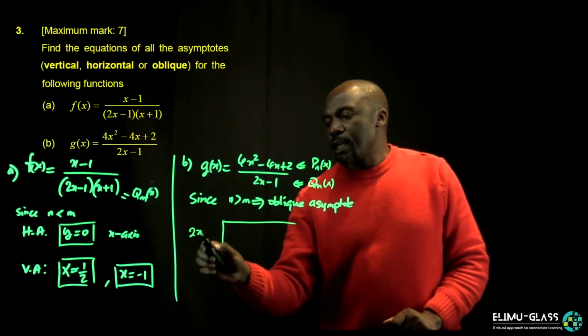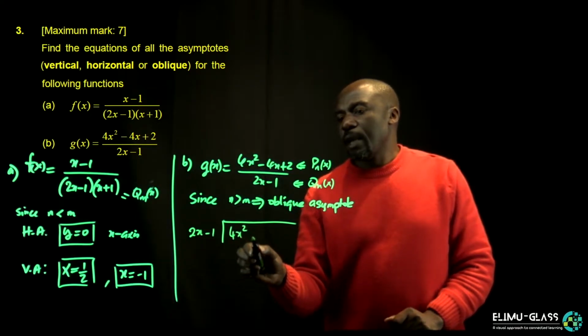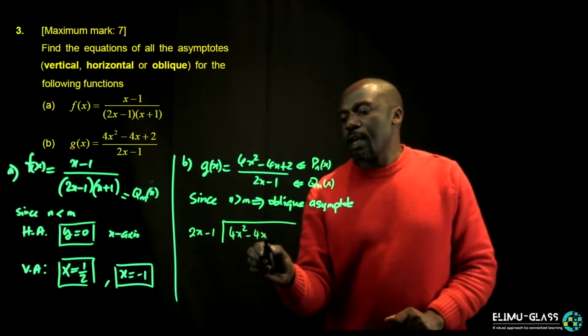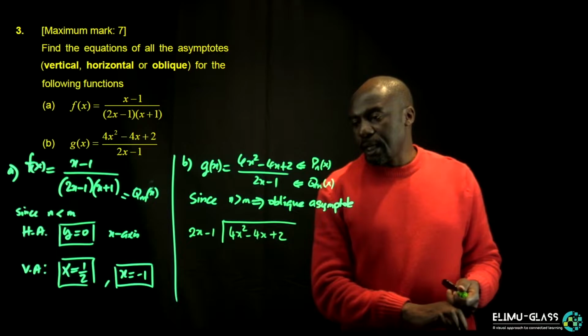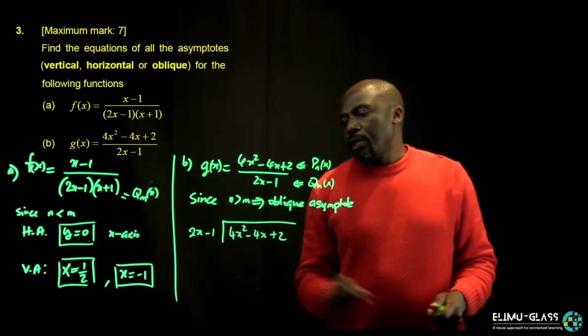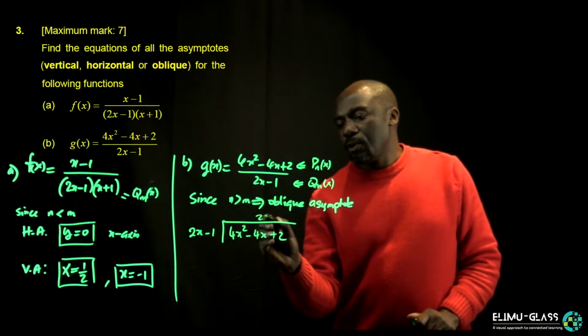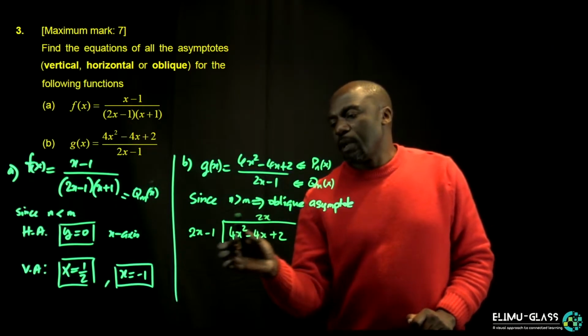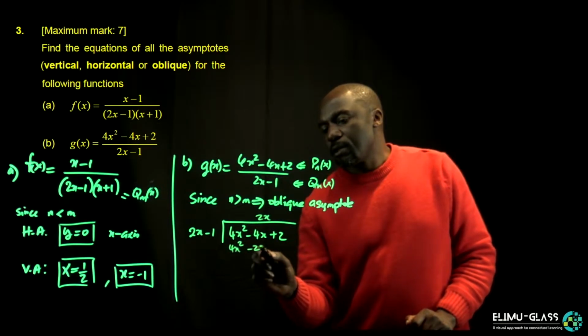So we have 2x minus 1 there, and we have 4x squared minus 4x plus 2. If we divide this, 2x goes into 4x squared 2x times. If we multiply back, we get 4x squared minus 2x.